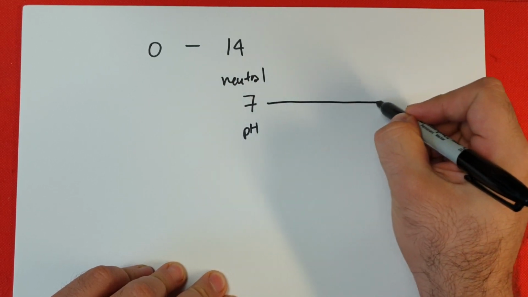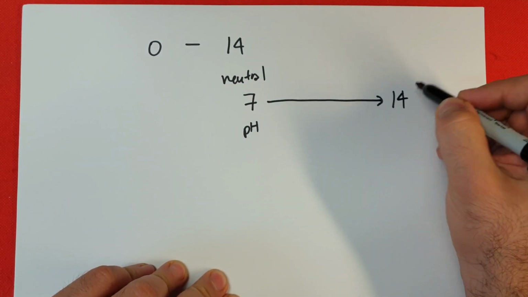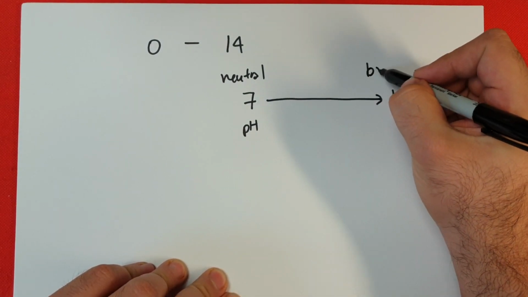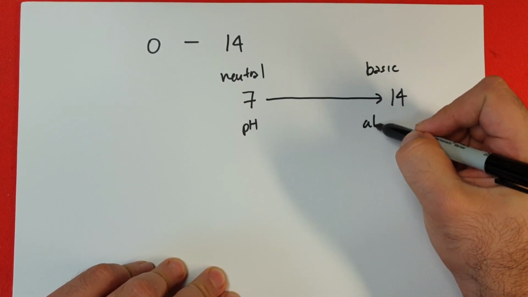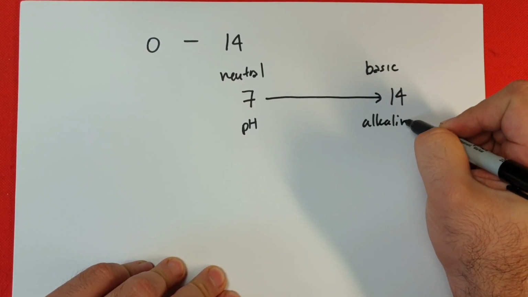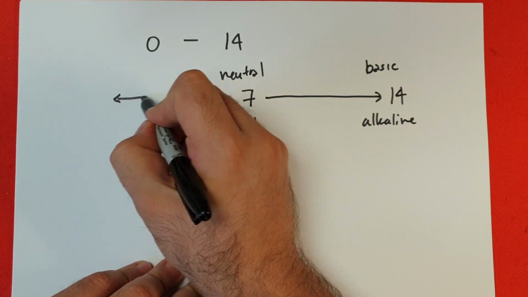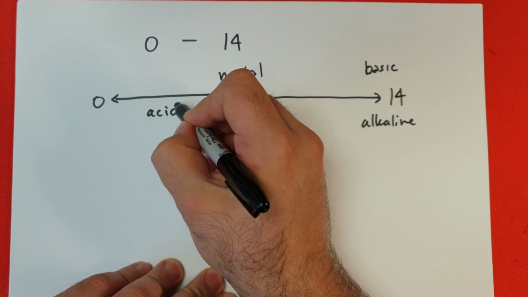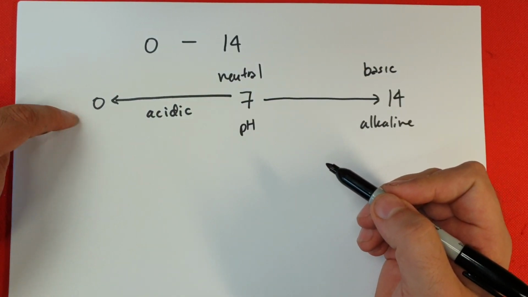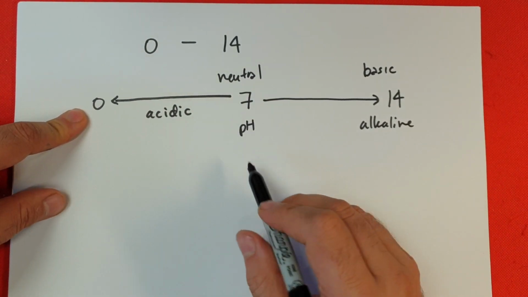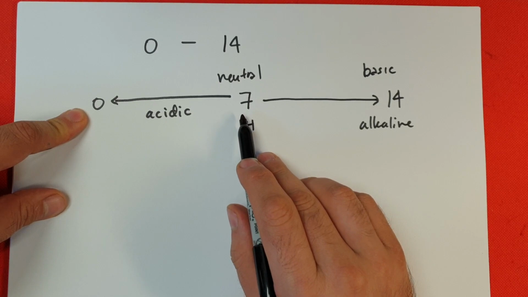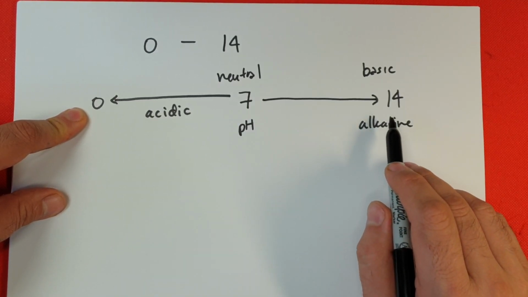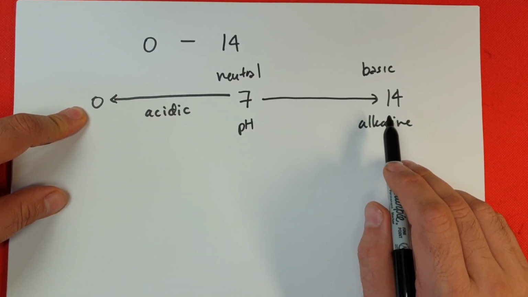Once we're higher than 7, all the way up to 14, we're said to be basic or alkaline. And if we're under 7 all the way down to 0, we're acidic. So as we approach 0, we're very acidic. As we approach 7, we're neutral. And as we approach 14, we're very basic, very alkaline.